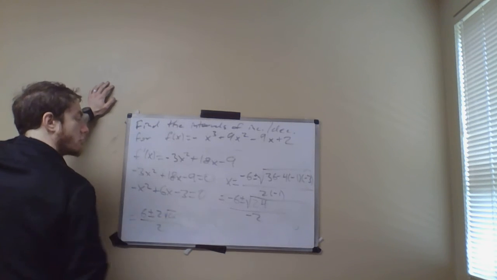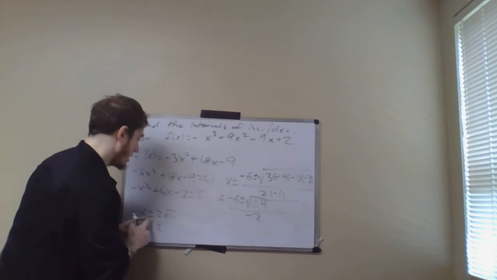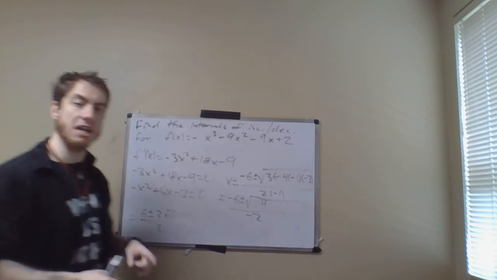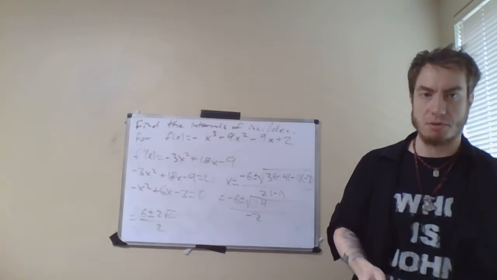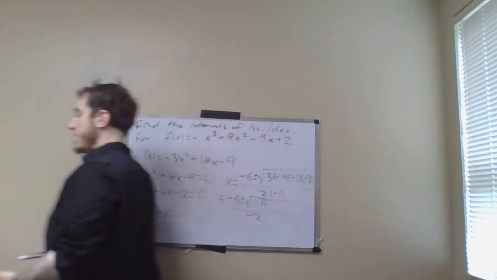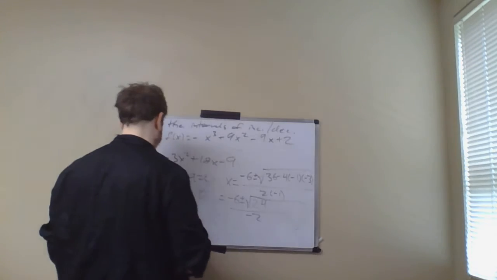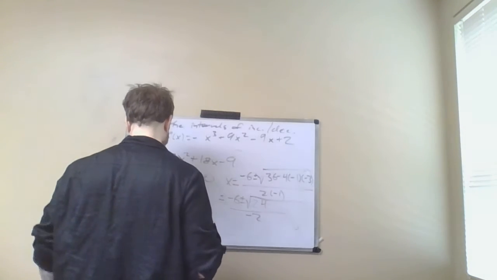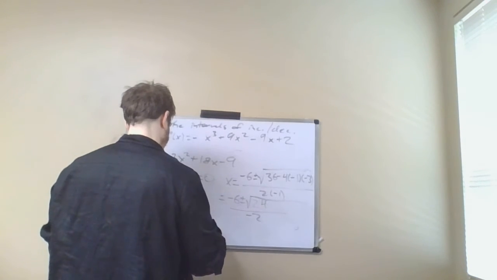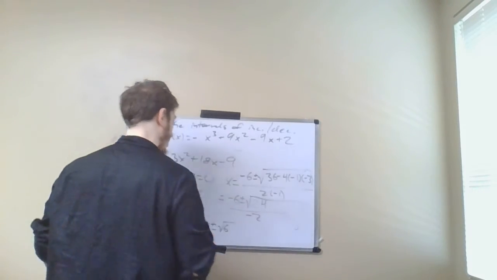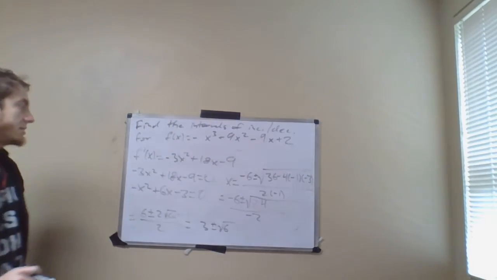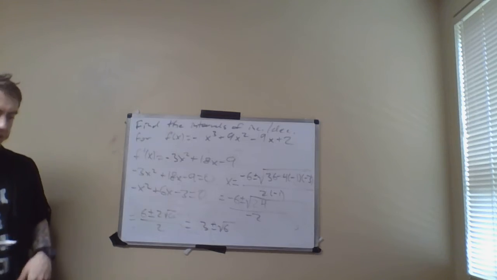Notice that I multiply the numerator and the denominator by negative 1. But when you do that, the plus or minus stays a plus or minus, because if you multiply plus or minus by negative 1, it just stays a plus or minus. And this is then going to become 3 plus or minus the square root of 6. So there we go. These are going to be our critical points.